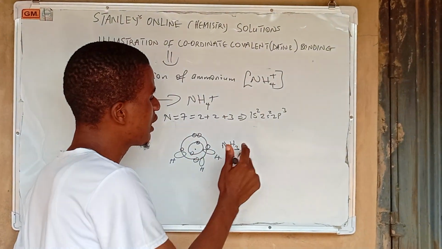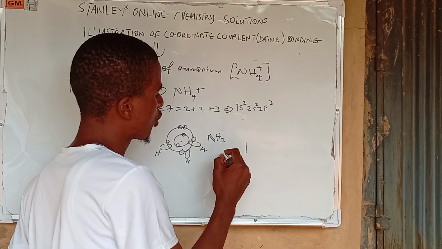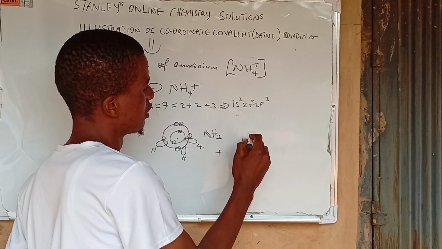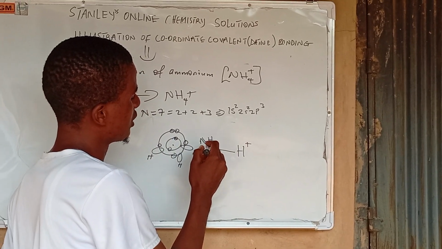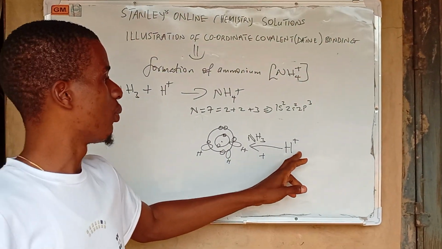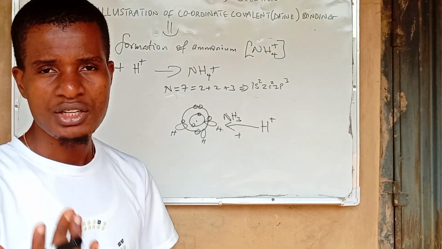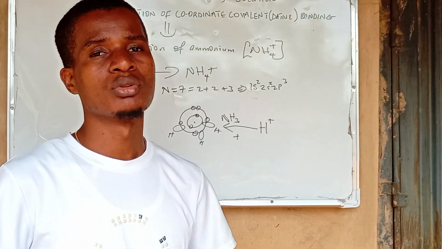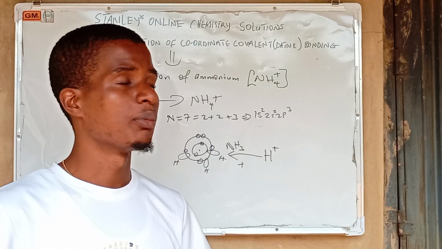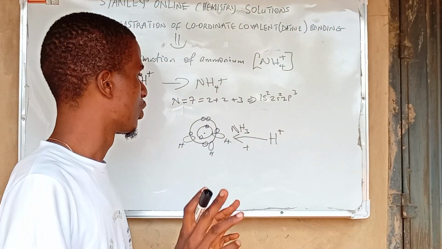But then when a proton comes, interacting with this, tending to be joined to it, right? This is a proton. Now, why is this a proton? According to Arrhenius, this is an Arrhenius acid. Arrhenius said that an acid is a hydrogen ion producer. Good.